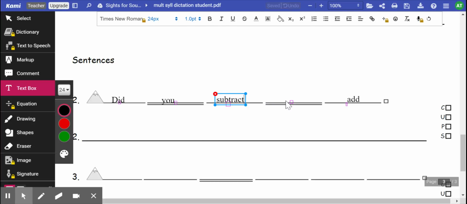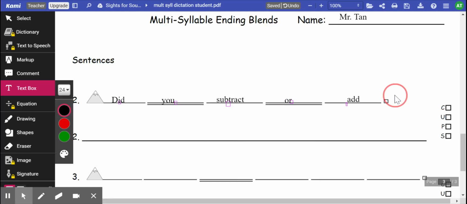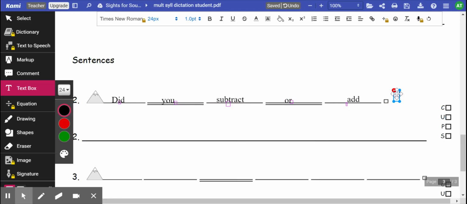Did you subtract? And how do you spell or? Or, add. So did you subtract or add? Are we saying something or asking a question? We're asking a question. That word did gives you a clue. Did you gives us a clue. We're asking someone if they did something. Okay, so now when you check the teacher's copy, do your rewrite.